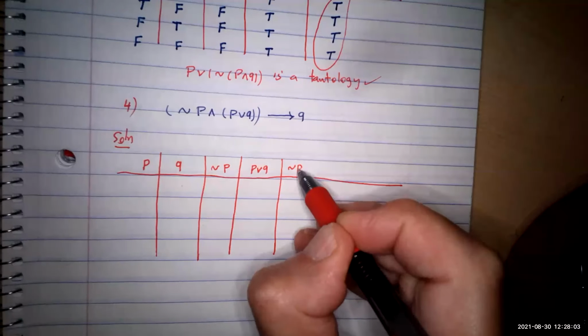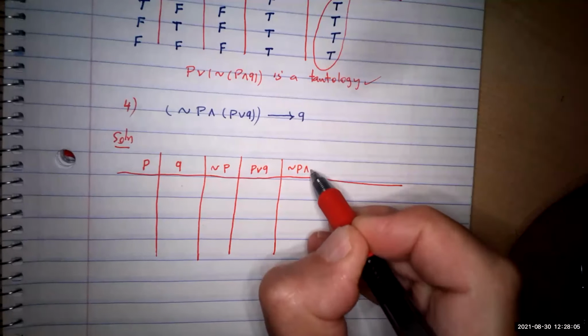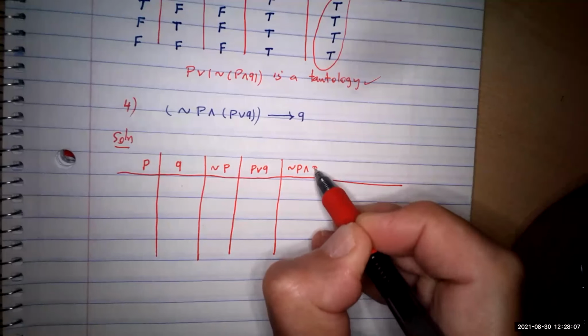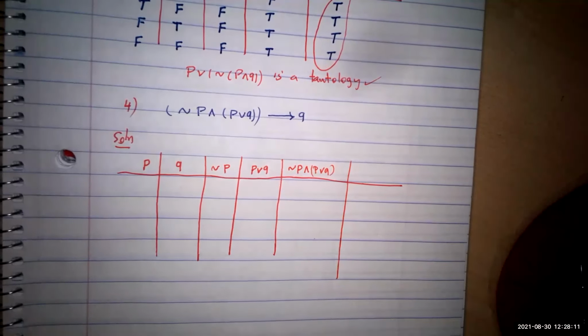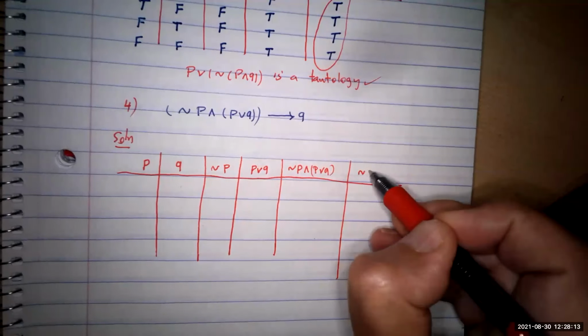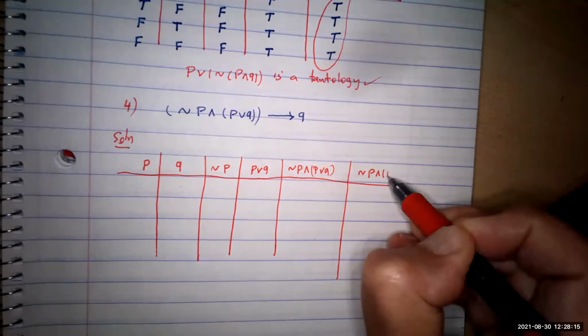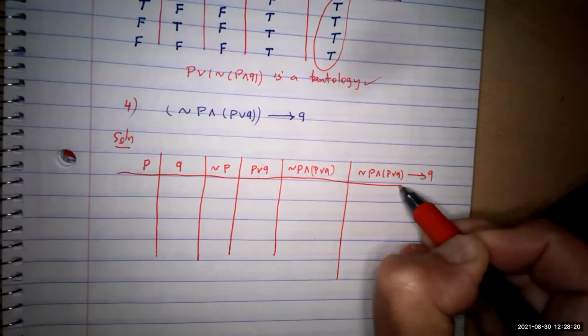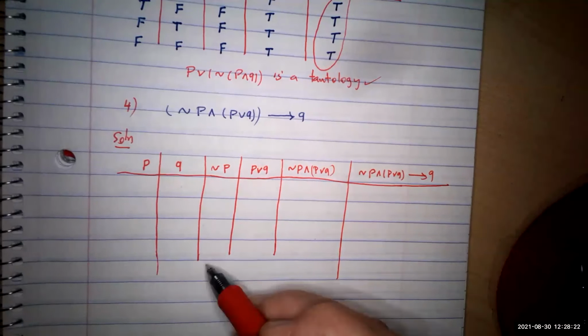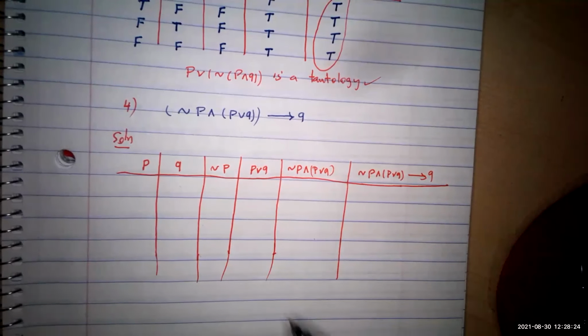It's going to be not P and P or Q. And eventually the result, not P and P or Q implies Q. Okay, so this is going to be a situation we're going to have.